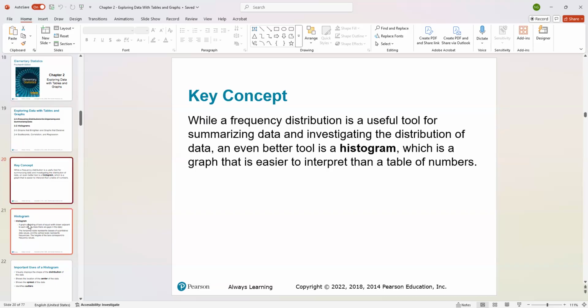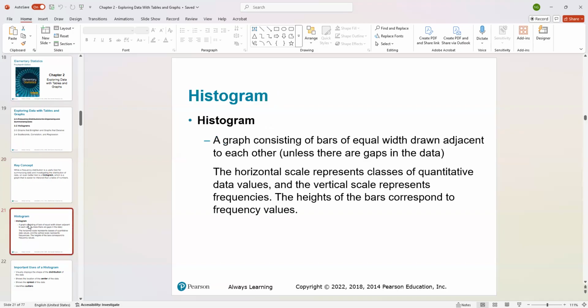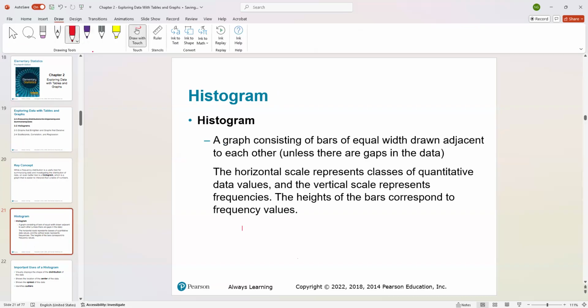A histogram is a graph consisting of bars of equal width. When we construct a histogram, remember the bars must attach to one another, and the height is the frequency. You can have another one, maybe like this.